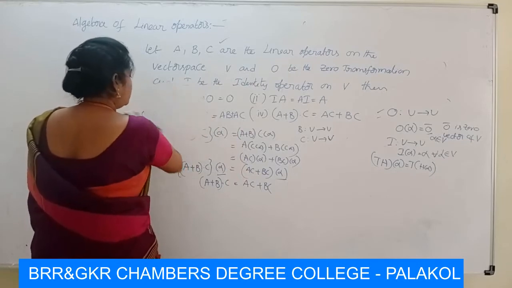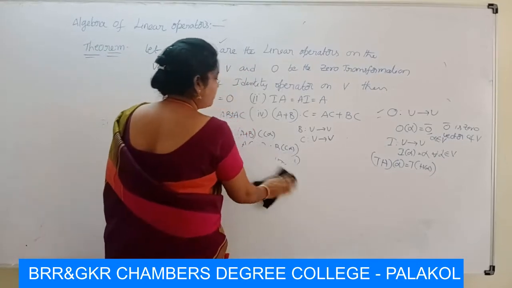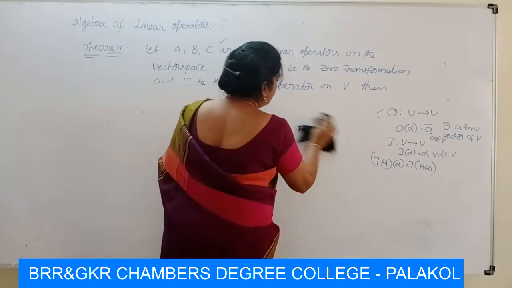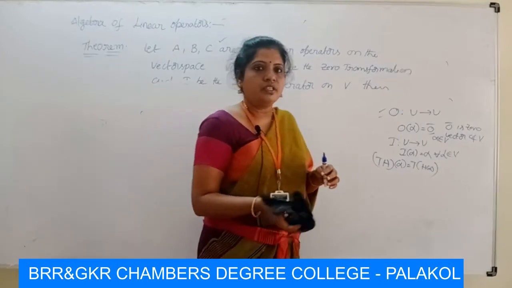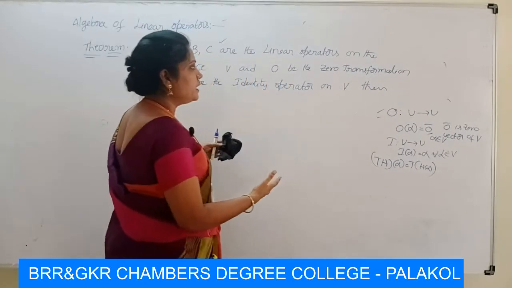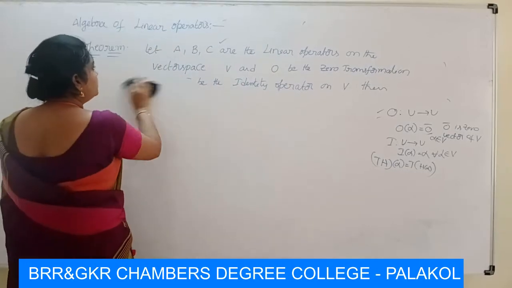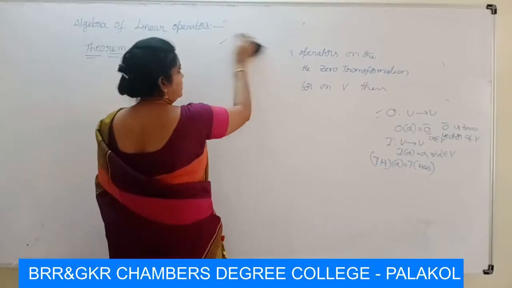Now next theorem, transformations as vectors. Now in this third unit we have knowledge about transformations. So here we take transformations as vectors. Then we have to prove this set of transformations is a vector space.